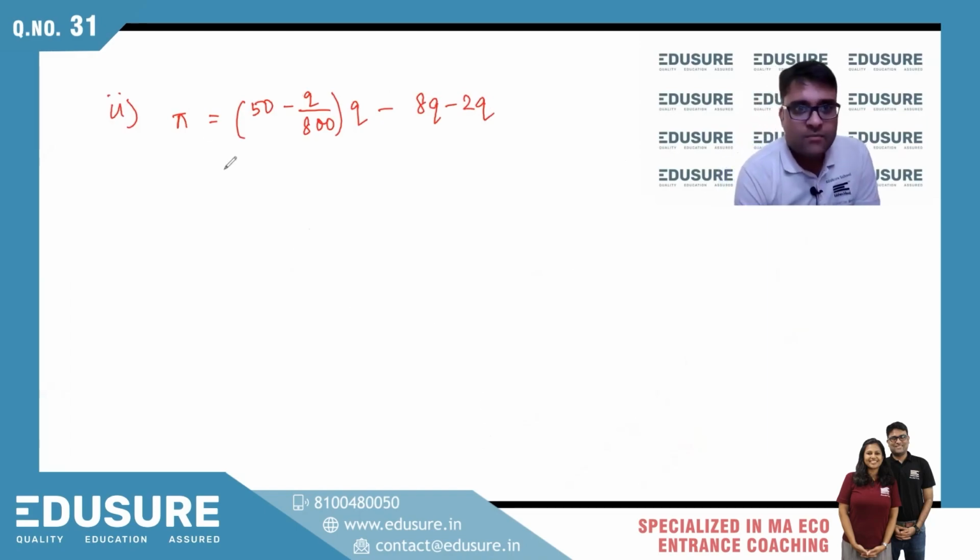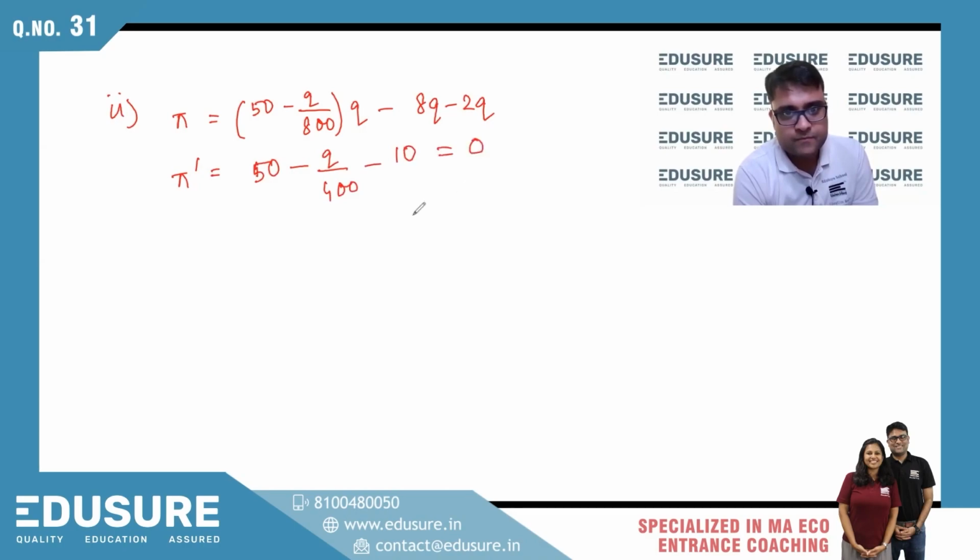तो कितना album produce करेगा? First let's see that. 50 minus Q by 400 minus 10. Q is equal to 40 into 400, 16,000.